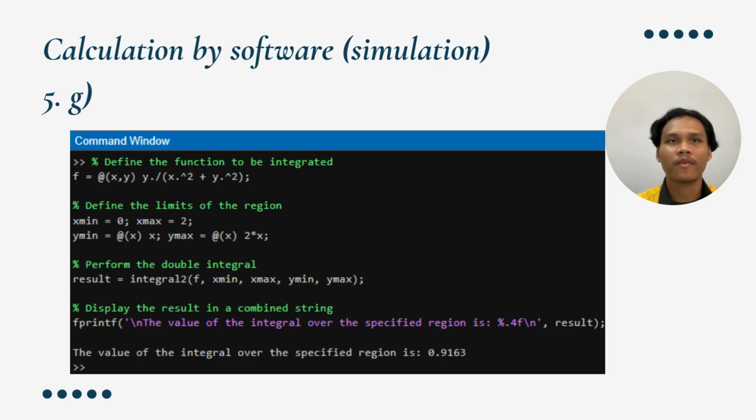And then third, we perform the double integral, which is result equals to integral 2 in bracket f, x min, x max, y min, and y max. This line uses the integral 2 function also to evaluate the double integral. And lastly, we write the code to display the result.